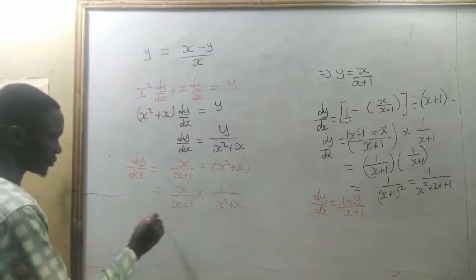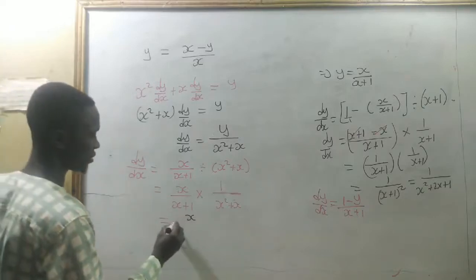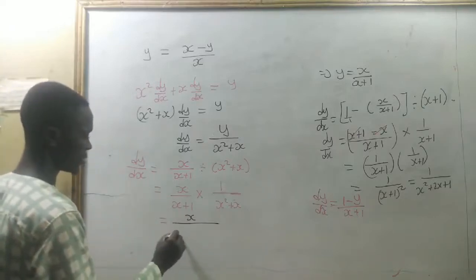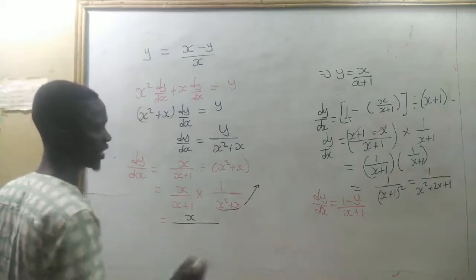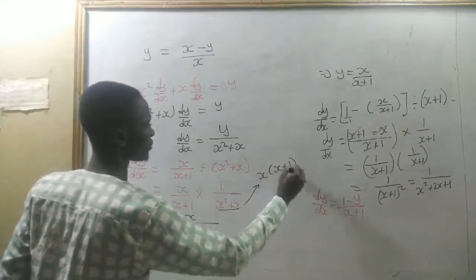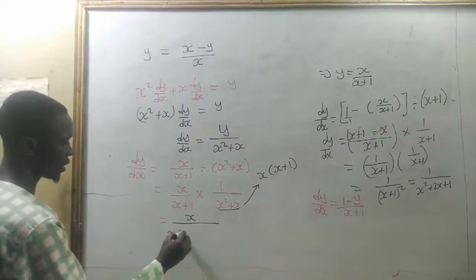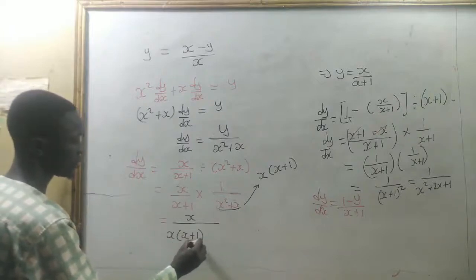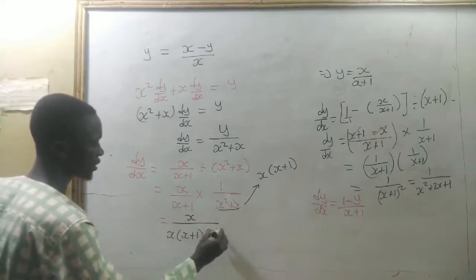So let's see. This will be equal to x divided by, this one can be factorized as x into bracket x plus 1. So we are going to put that one here, x into bracket x plus 1, and we have times x plus 1.